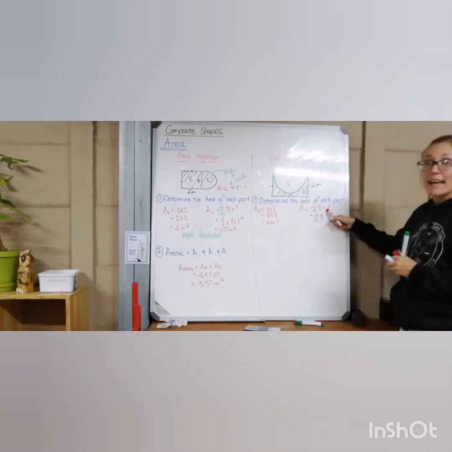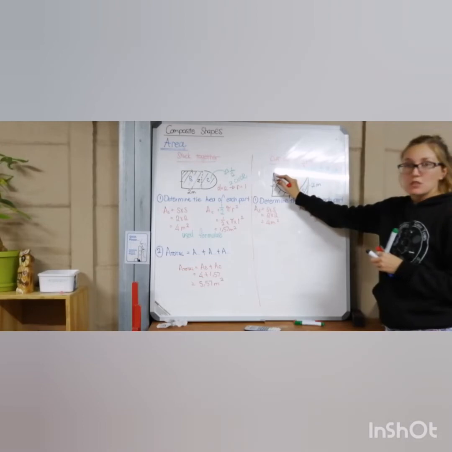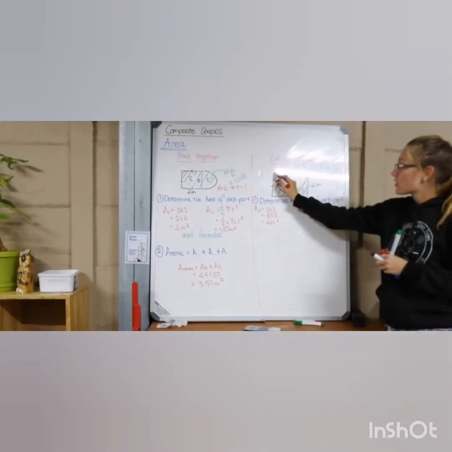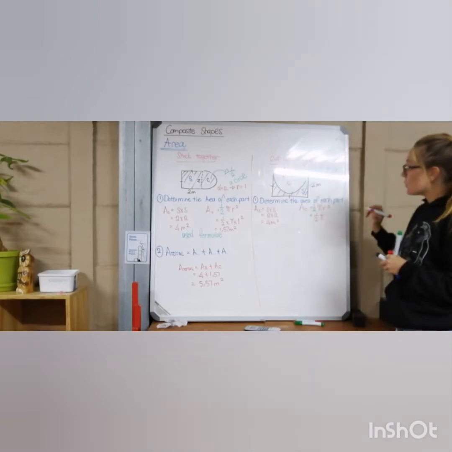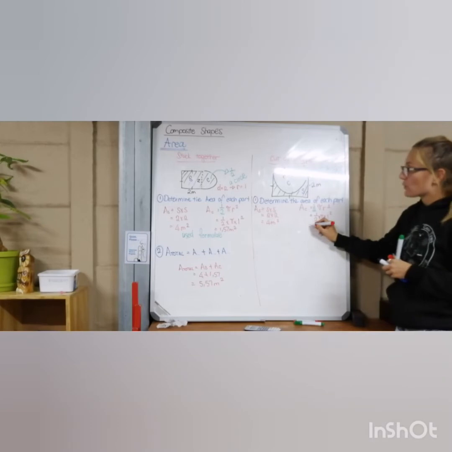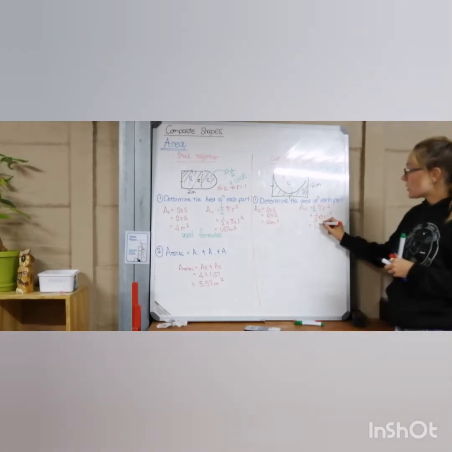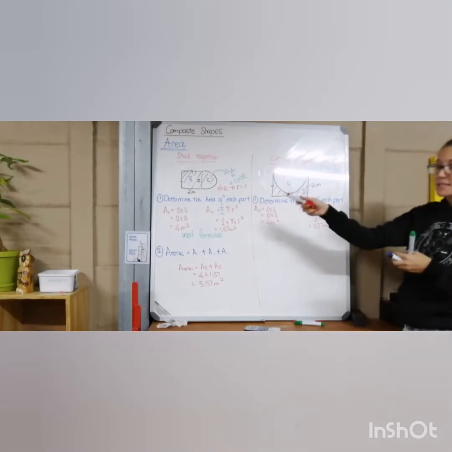Our radius again is 1, because if that's 2, that means this is 2 because it's a square, and this is the diameter of our circle. So if the diameter is 2, that makes the radius 1. So it's a half times pi times 1 squared, which we've worked out over there, is 1,57 meters squared. Okay, so far it's the same as that question.